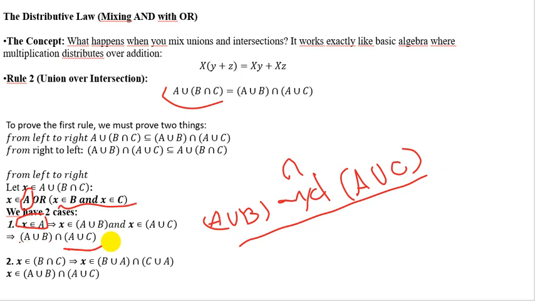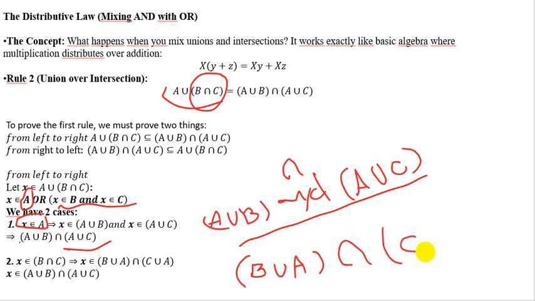Now let's see the second case. If it's not in A, automatically we will find it in B and in C together. If X is in B and it is in C, that means it is in B union any set, let's say A, and it is in C union any set, let's say A again.